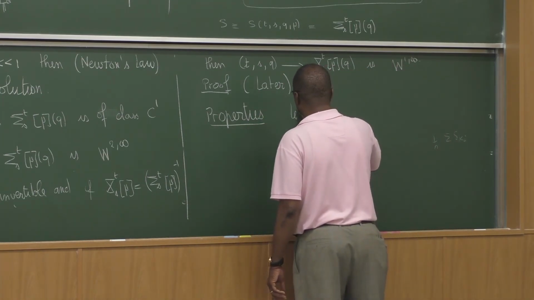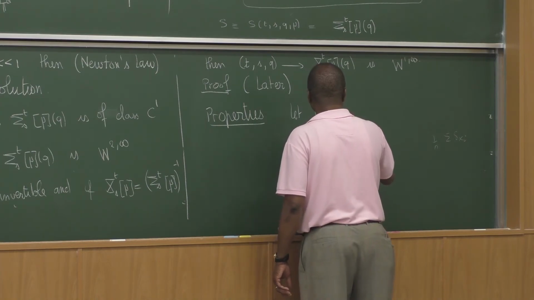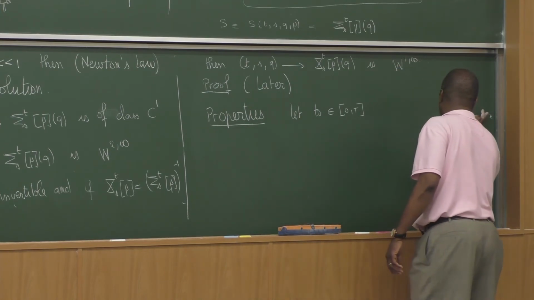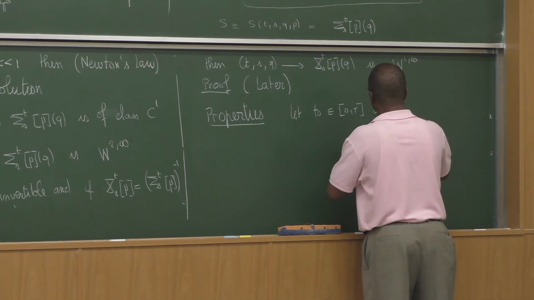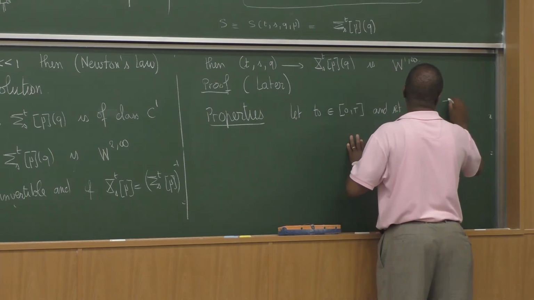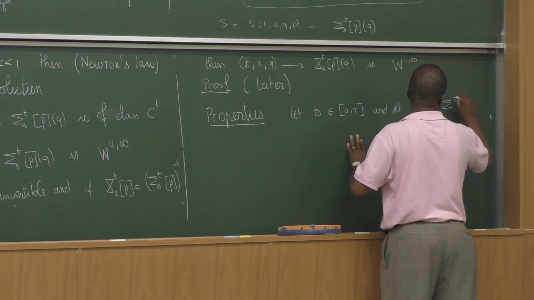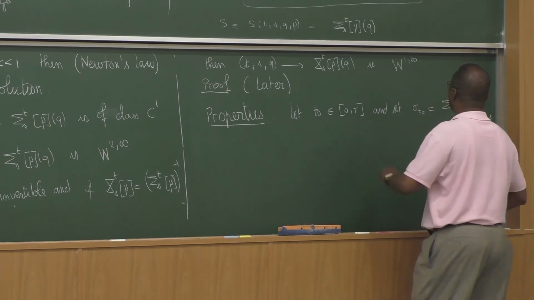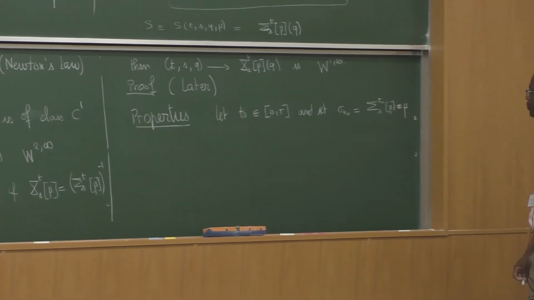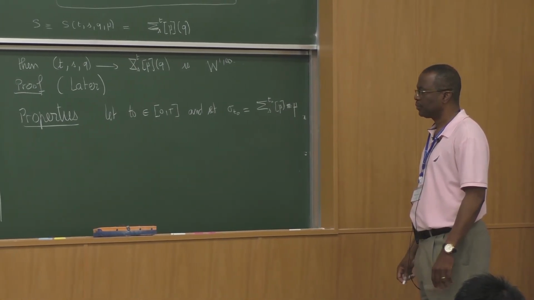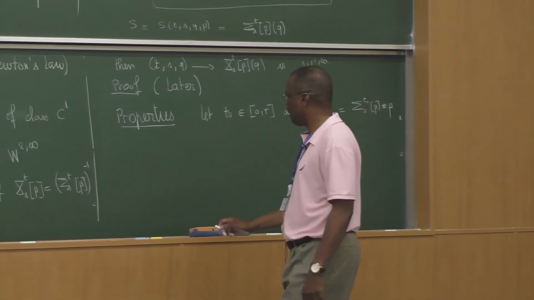Let T naught be in 0 T, and set sigma T naught to be sigma S T naught mu, the push forward of mu. Then the following holds.